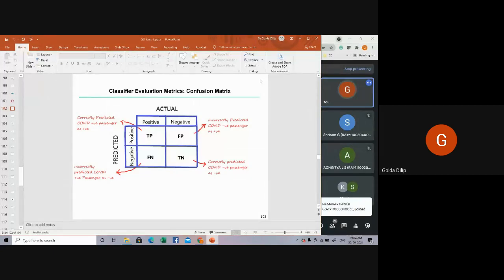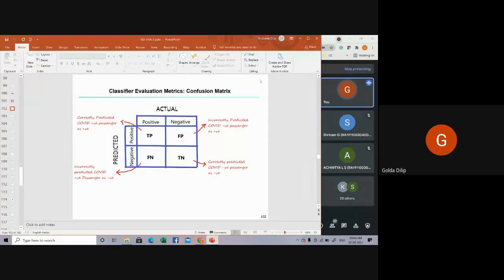So what is this confusion matrix telling you? What does it actually tell you? When you're performing a classification or a prediction, these are the four outcomes which can occur.